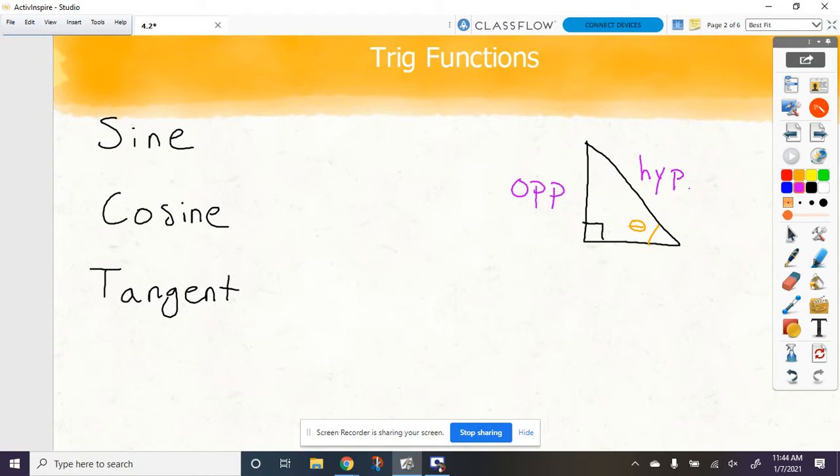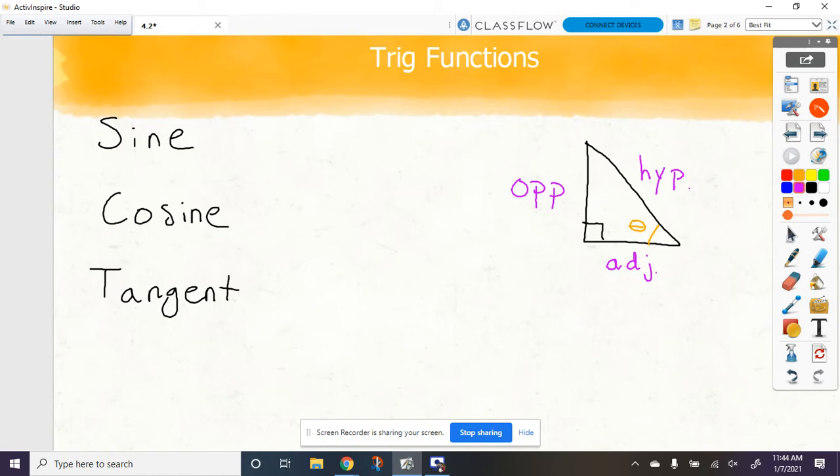And then what's this one called? Adjacent. So remember that sine, cosine, and tangent are functions, and we find those functions of an angle using the sides of the triangle. It's a relationship between the sides of the triangle.